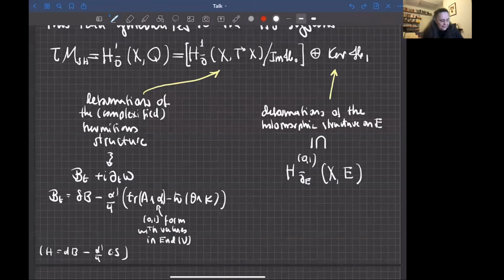In this case, the variations of the Hermitian form come complexified with variations of the B field, but with alpha prime corrected variations of the B field, in fact. So this curly B here is not just a variation of the B field as it would be in the type 2 theory, where you wouldn't have these terms there, but now we have them.